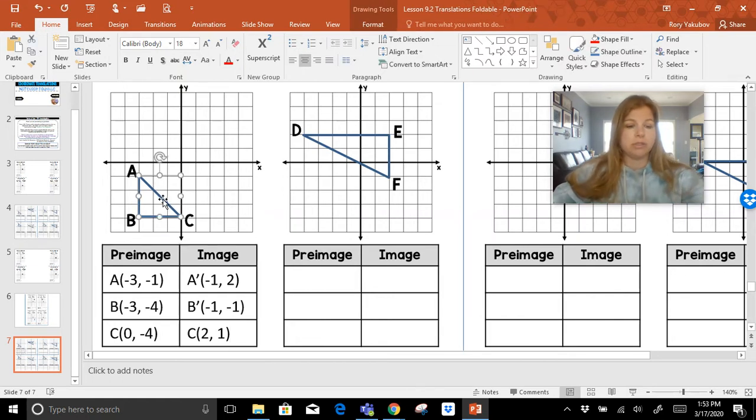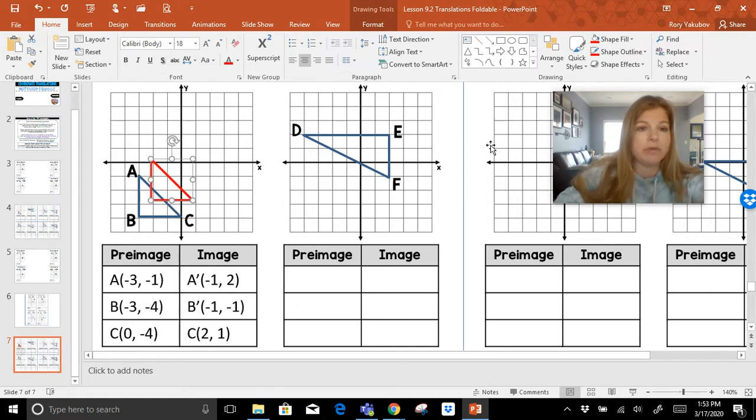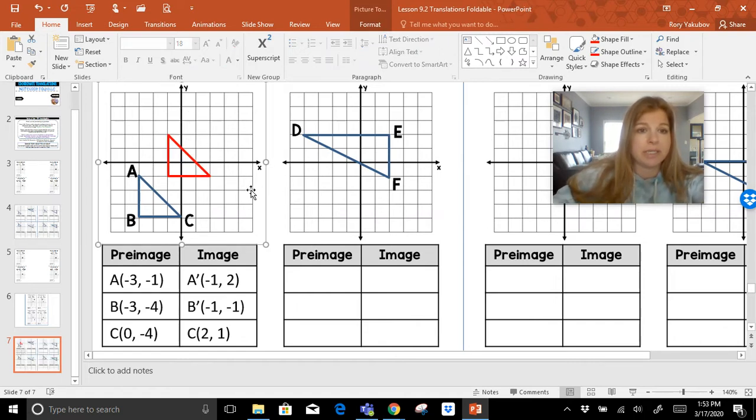And if I was to translate this, and translate really just means to slide it over, we're going to see that this new image, I'm going to make my new image red so we can tell the difference. If I was to move it over 2 units to the right and then 3 units up, these would be the coordinates of my new image. Look, every point, 2 units to the right, 3 units up.